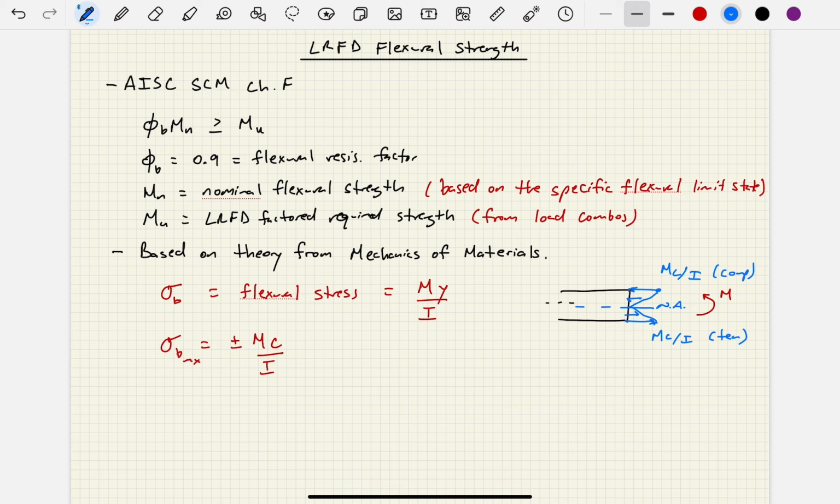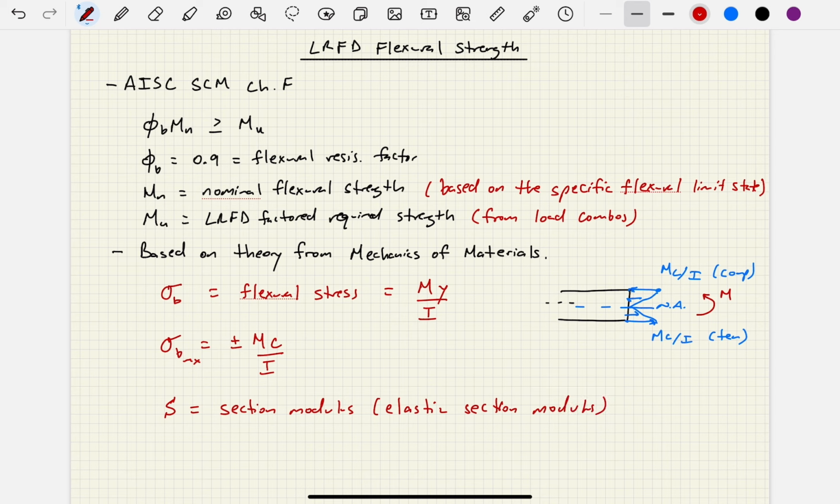Now, you may remember also from Mech of Materials, we used a section property called section modulus. So S was called the section modulus, and we sometimes called this the elastic section modulus, okay?